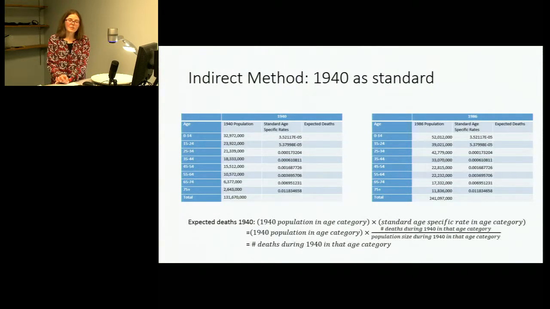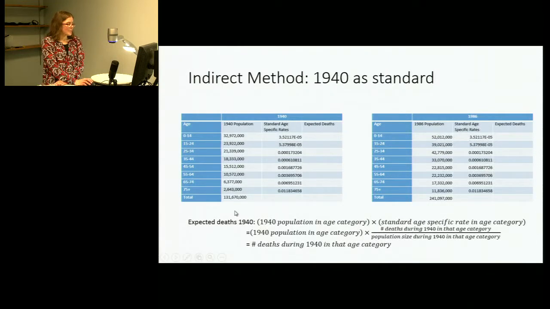We'll also look at the indirect method of adjusting these rates. The indirect method, instead of using the standard population composition age-wise, we're going to use the actual population composition from each of the 2 years and apply the cancer death rates that are age-specific from the year 1940.